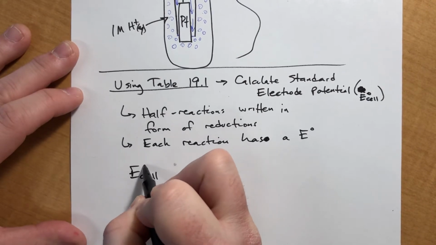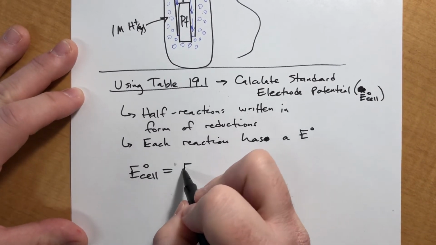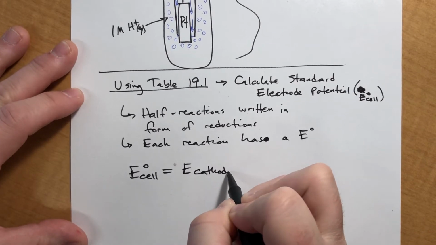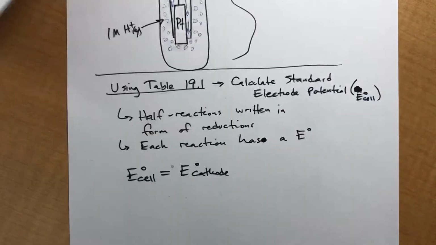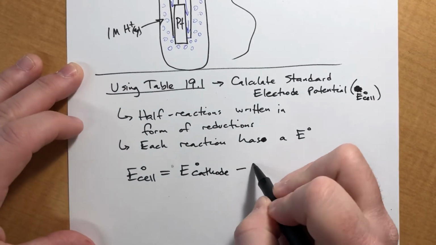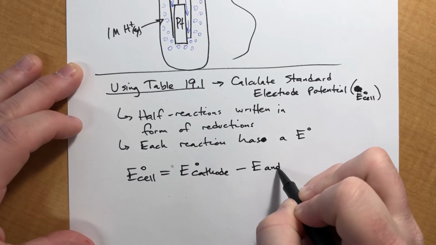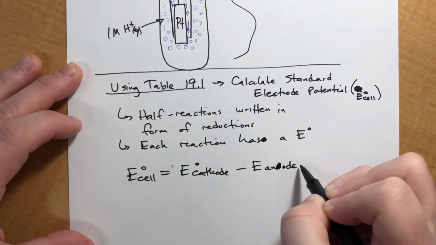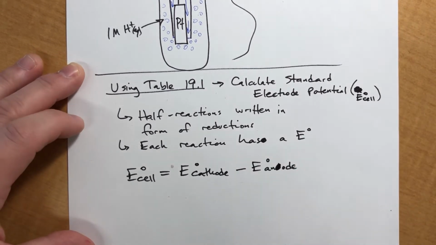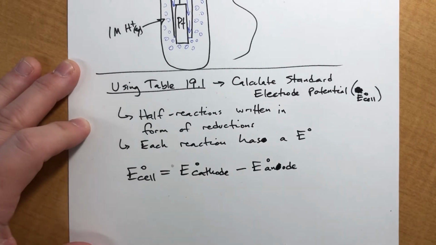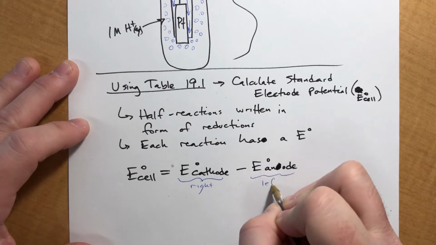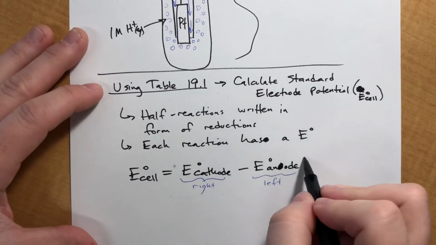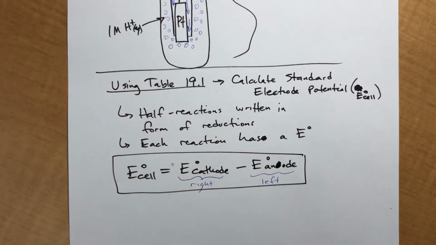So E cell: you take the cathode, which is already written in the correct direction, since cathodes are the reduction side and these are all written as reduction, minus the anode, which is the one that needed to be reversed anyway. Sorry, I can't write legibly today. Essentially, this is the right side of the cell minus the left side of the entire cell diagram. That's the entire concept.